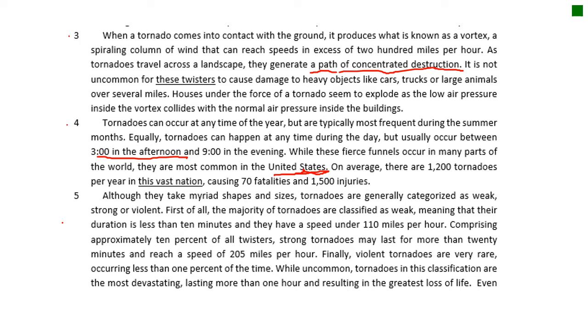First of all, the majority are classified as weak, meaning they gave you the characteristics of a weak tornado. Then they talked about the stronger ones, what their characteristics are, last more than 20 minutes, with speeds of up to 205 miles an hour. Finally, violent tornadoes are very rare, occurring less than 1% of the time, thank God.